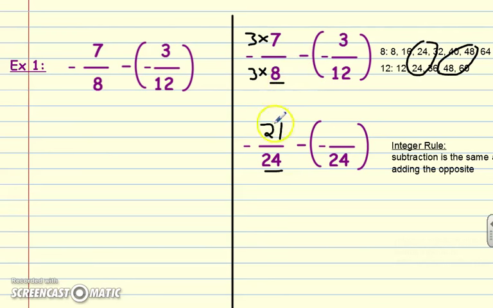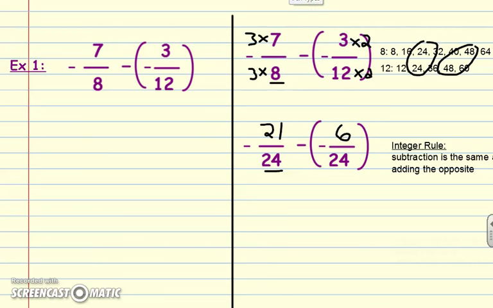So 7/8 is the same as 21 over 24. Same thing over here. 12 times what equals 24? Well, I know 12 times 2. So if you multiply the bottom by 2, you have to multiply the top by 2. 3 times 2 turns out to be 6.